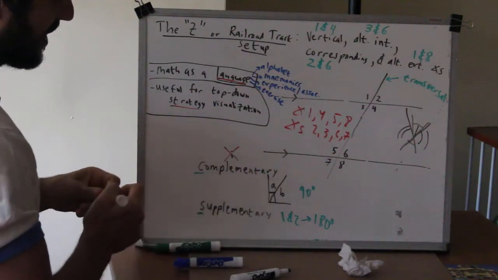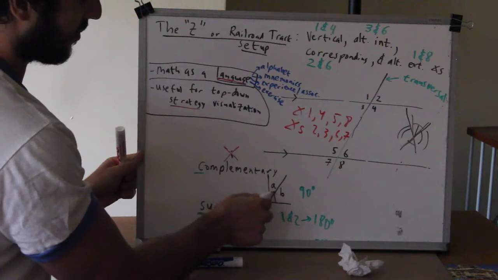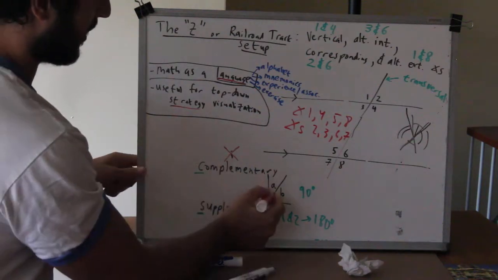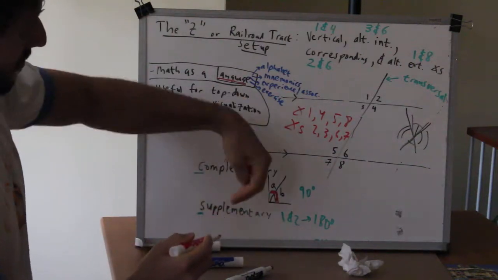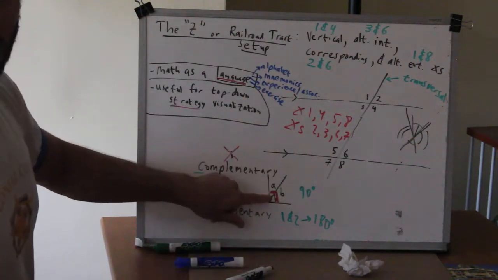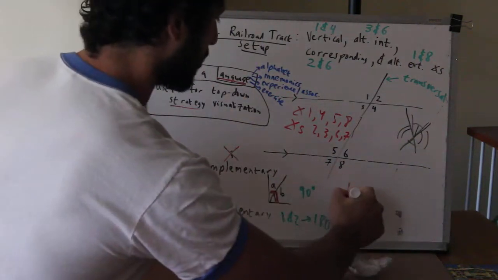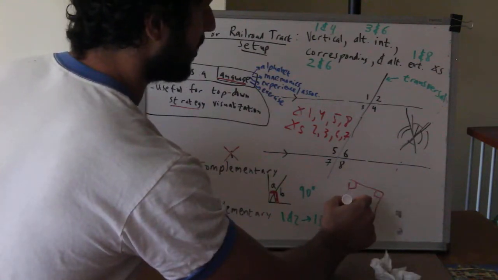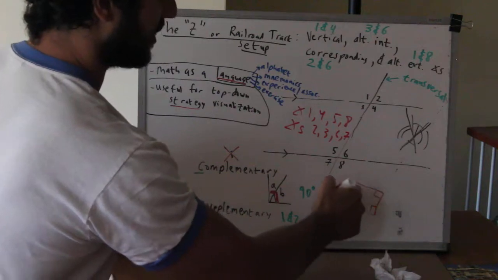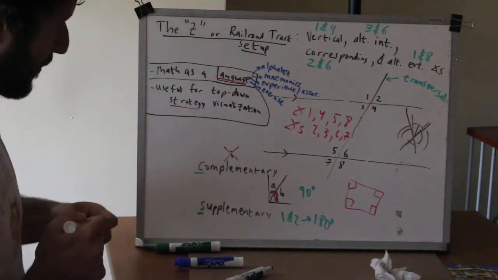This little indication I have here, let me make this red, indicates that this is a 90-degree angle. So anytime you have a square or a rectangle, anytime I do this, it indicates that all of these are 90-degree angles.